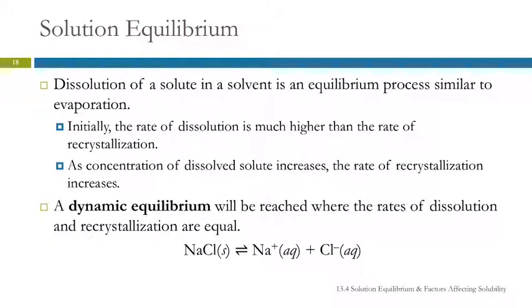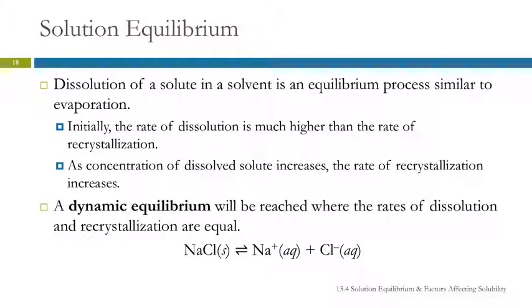When a solute dissolves in a solvent, it is an equilibrium process that is similar to the evaporation process. So initially you have your solute dissolving, and the rate of dissolving is going to be much higher than the rate of recrystallization, because when you first start, there's nothing in the solution to recrystallize.